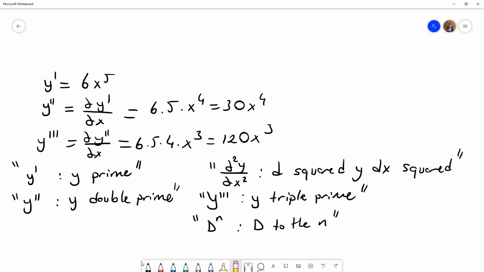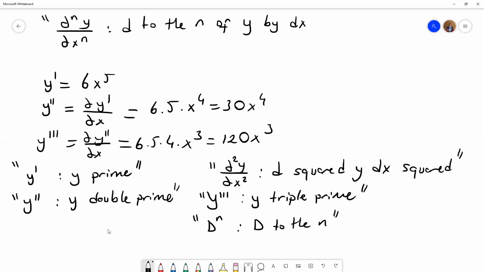This one is d to the n y over dx to the n. We can use these things for saying the notations.